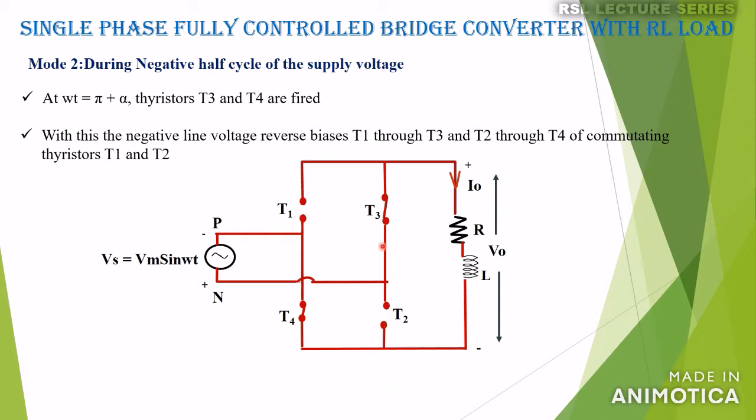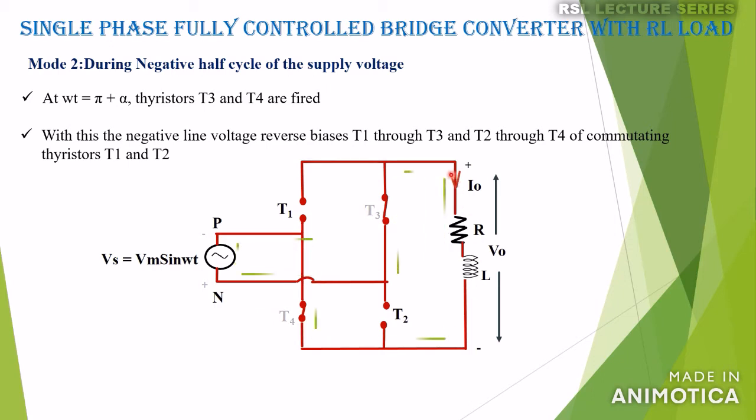Once the thyristors T3 and T4 are triggered, they start conducting and current starts flowing through the circuit. This time the current flows from terminal N, through thyristor T3, through the load, through thyristor T4, and completes its path through P. So the supply current flows from N to P, and this direction is considered the negative direction for the supply current.